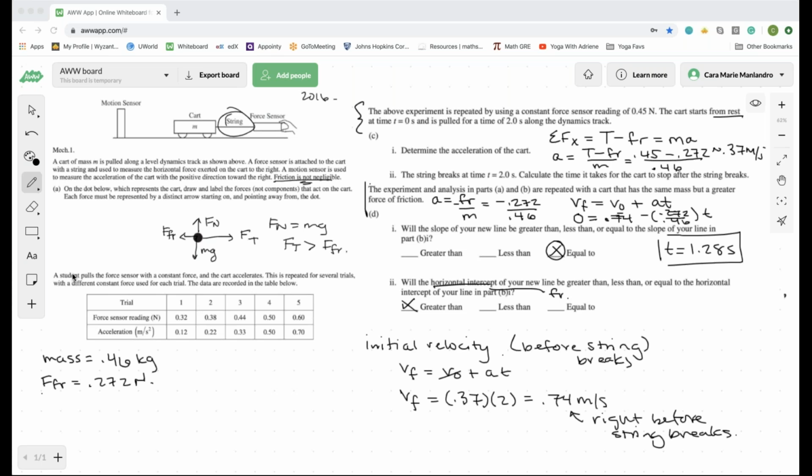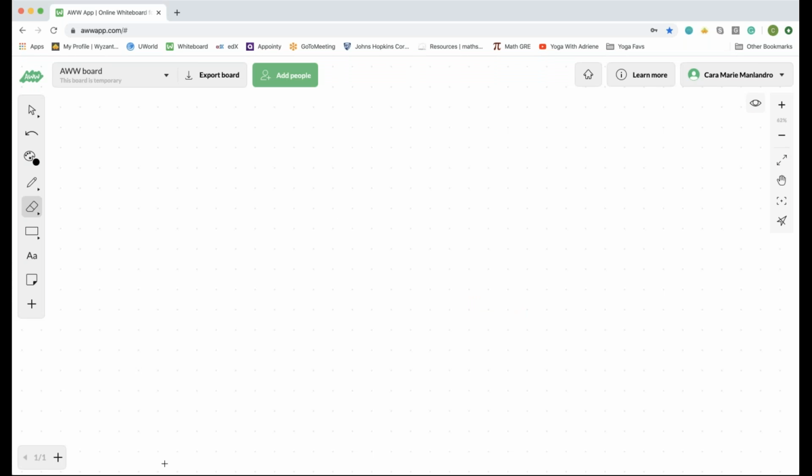All right, so we're going to do as much of this problem as it makes sense to do. Remember that harmonic motion is not on your exam this year, and neither is gravitation.